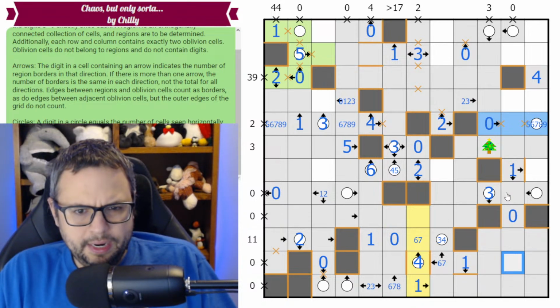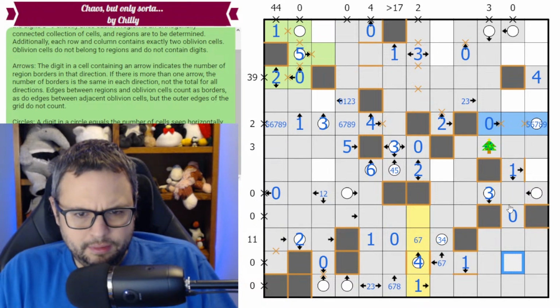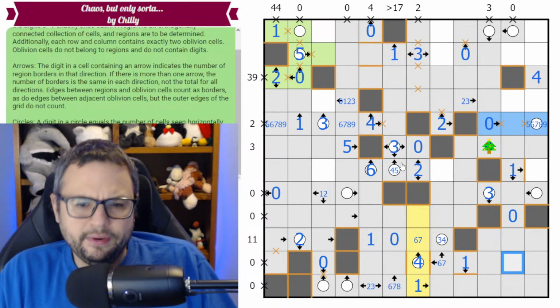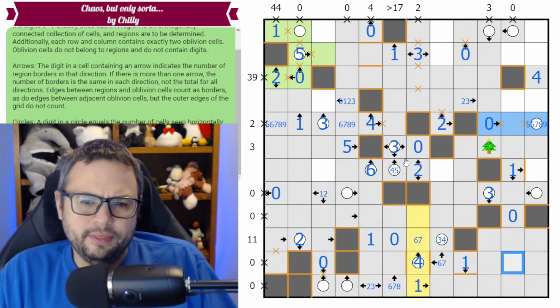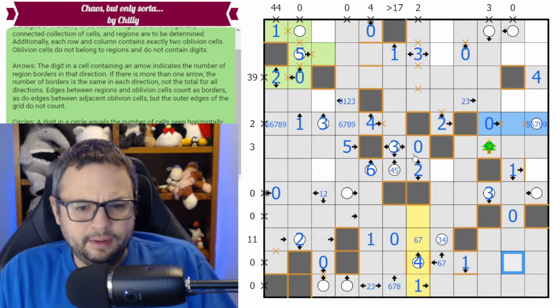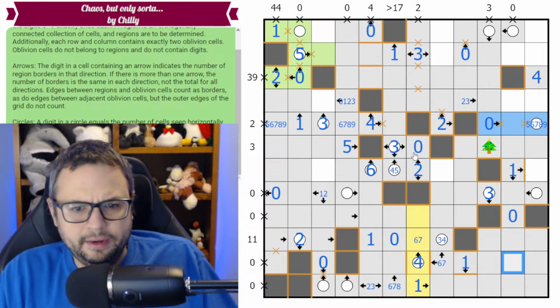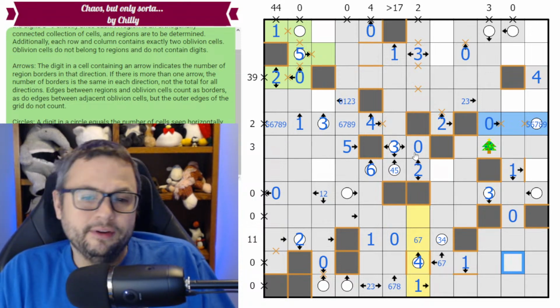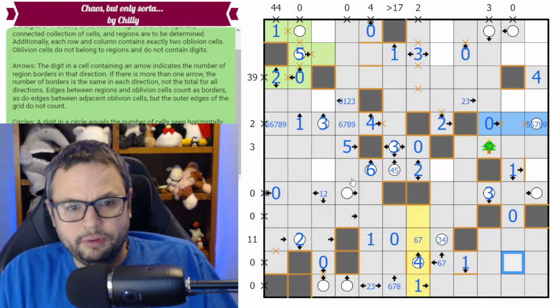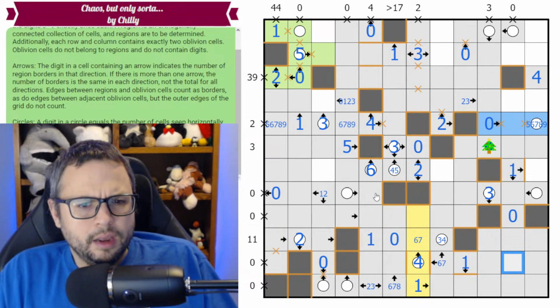I agree. Whether it's exactly 3 more or not depends on whether this is a border. I think it's either exactly 2 or exactly 3 more based on whether that's a border.